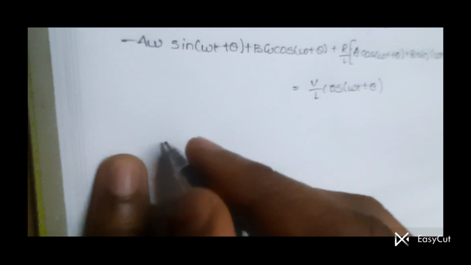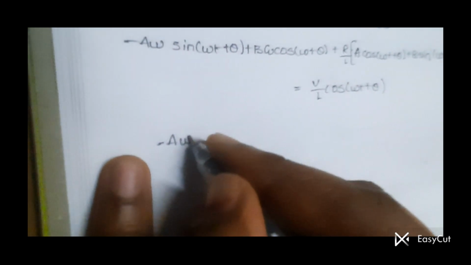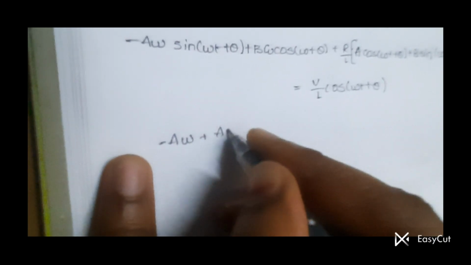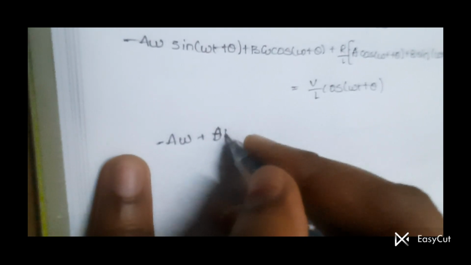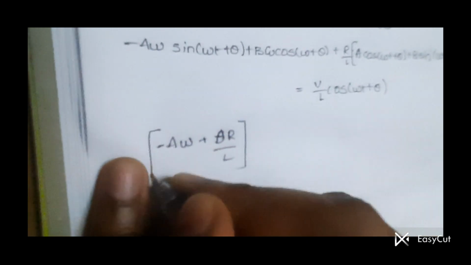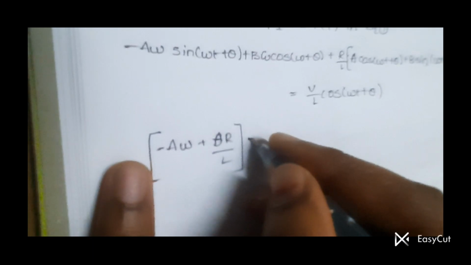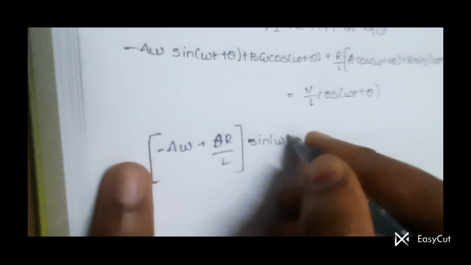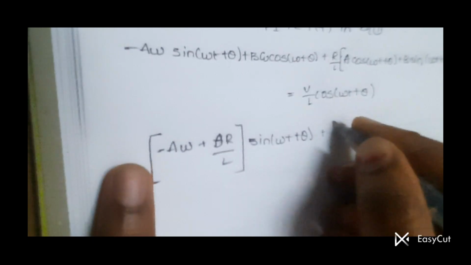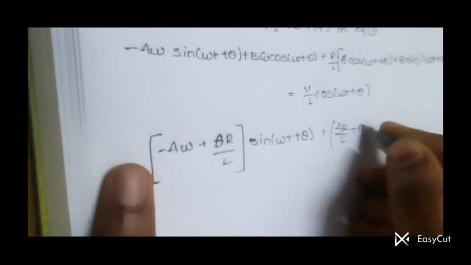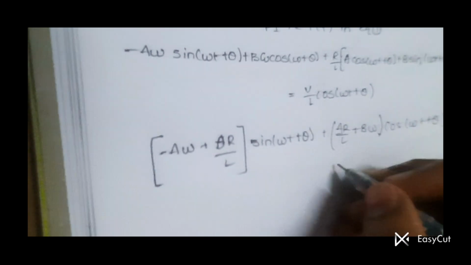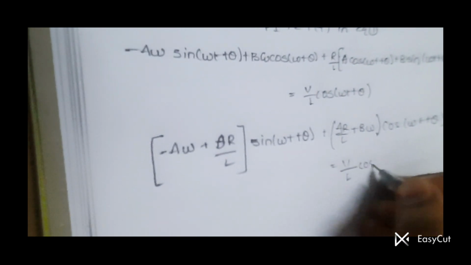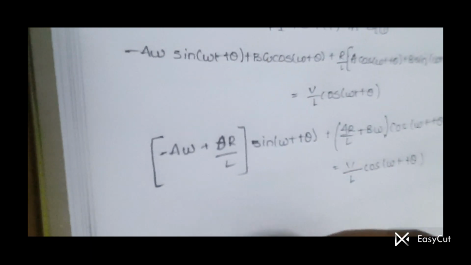Now writing the sine terms on one side common: minus A omega plus B R by L into sin of omega t plus theta, plus A R by L plus B omega into cos of omega t plus theta. This equals V by L into cos of omega t plus theta.